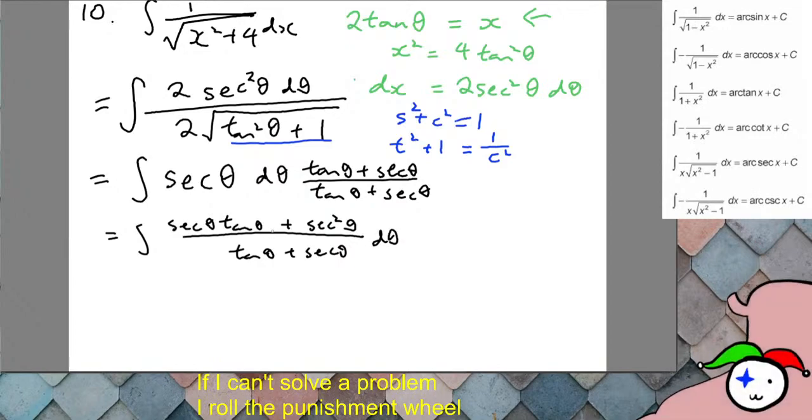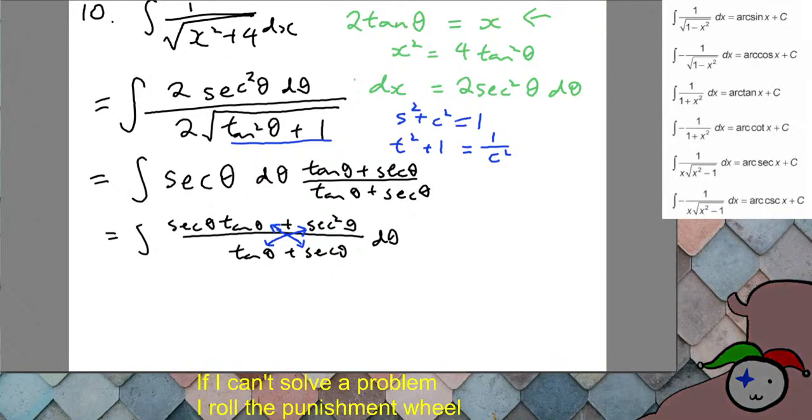which, oh gosh, we know the derivative of tan is secant squared, and let me highlight it. We know that this goes into that when you derive it, and secant goes to secant times tan when you derive it.